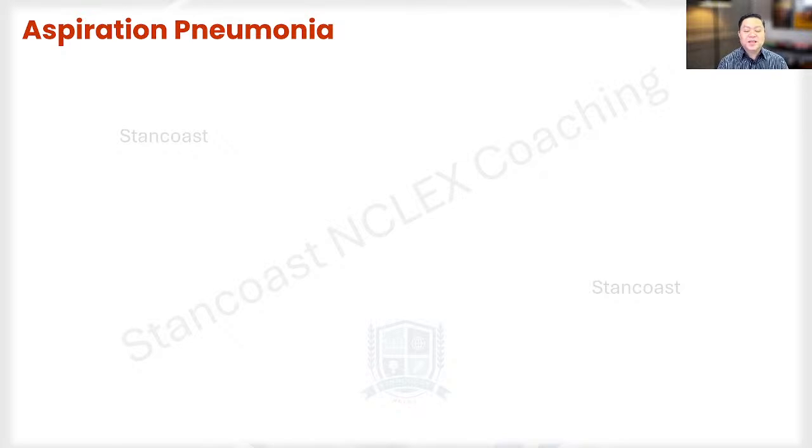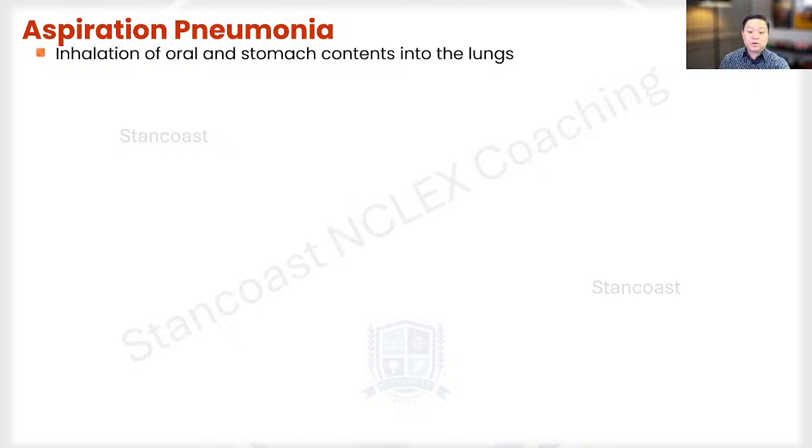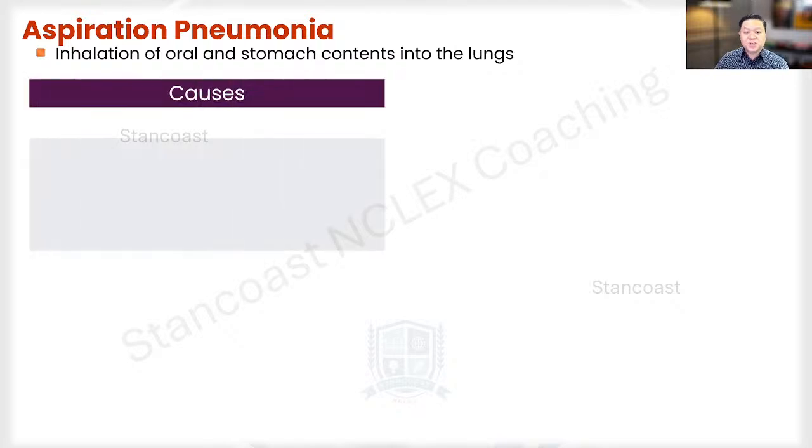Aspiration pneumonia is a very serious medical condition, and it can occur when oral or stomach contents are inhaled into the lungs, which can lead to pneumonia. This condition is particularly prevalent among the elderly and those with certain medical conditions, and it can really pose a serious health risk to these groups of people.